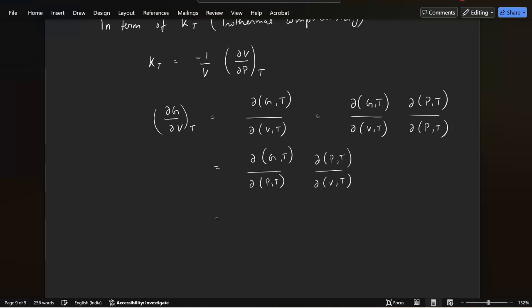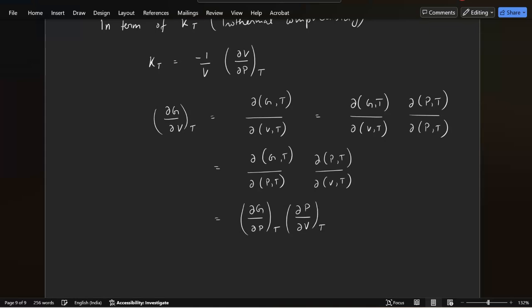After that it is straightforward: del G by del V at constant temperature times del V by del P at constant temperature.